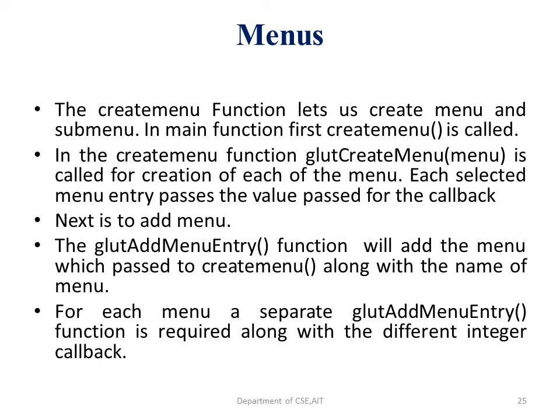Each of the submenus will have some value which will be passed to the callback functions. Next we have to add the submenus, and to the submenus we have to add the entries by making use of the name and the identifier. This will be passed to the create menu with the identifier and the name.